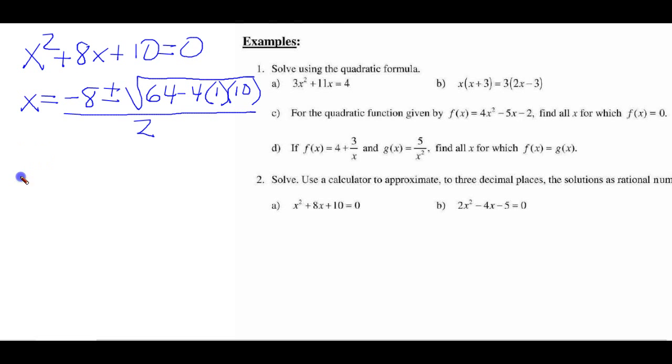All right, so what do we have here? We have x equals negative 8 plus or minus. Now, this is going to be a negative 40. So this leaves us with the square root of 24.